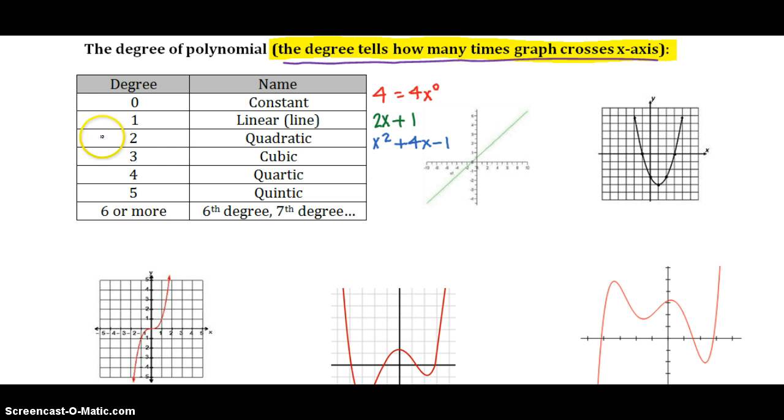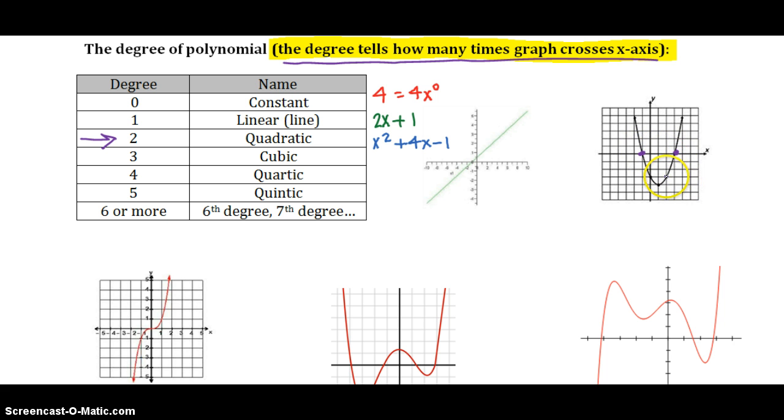Now, we're going to spend most of our time here where the degree is 2, called a quadratic. And a quadratic is written x squared plus 4x minus 1. There's 3 terms, so it's a trinomial. The leading coefficient here is 1. Our highest degree is 2. And so when your highest degree, so the degree of this polynomial is 2, it's going to cross the x-axis like it is in this graph.